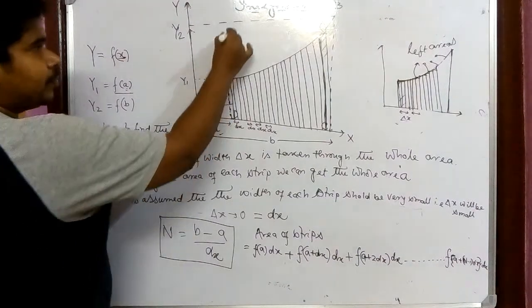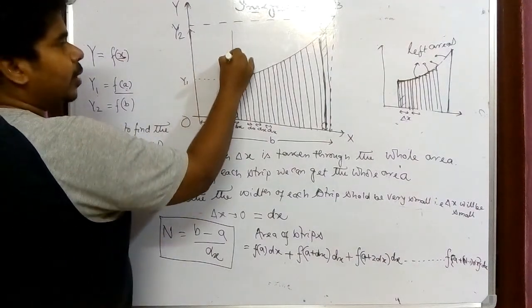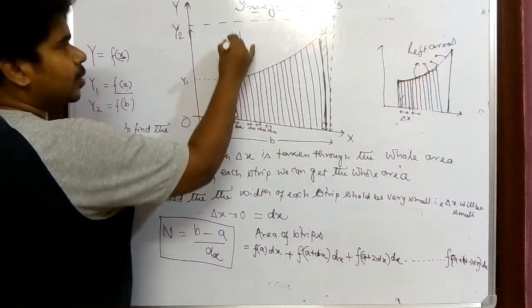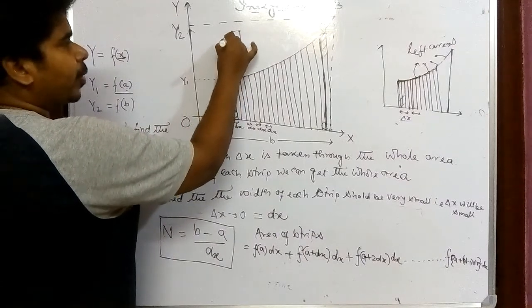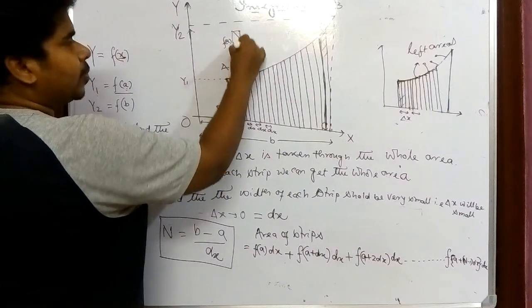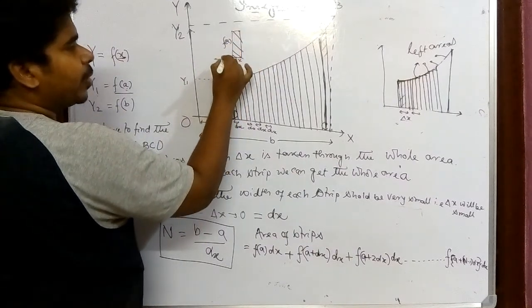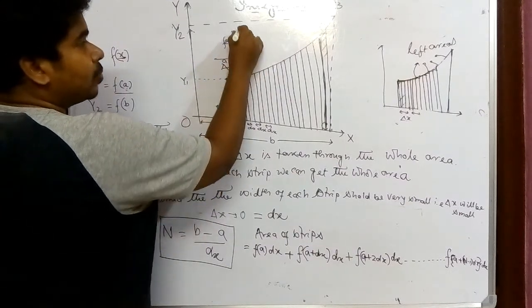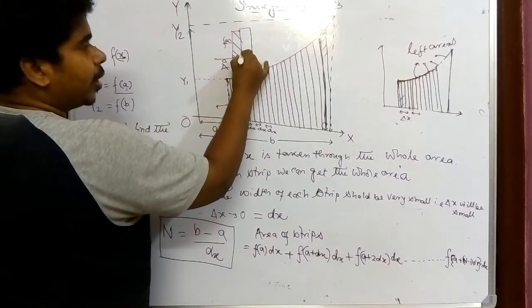First stripe, and then dx. This one is f(a) and this is dx. The first area is over because it is at a distance of a. But assume this is the next stripe.